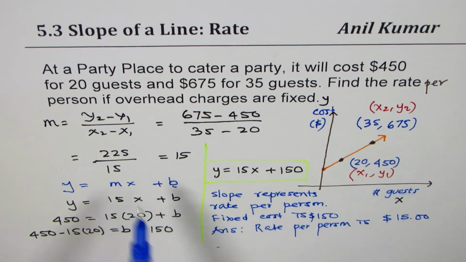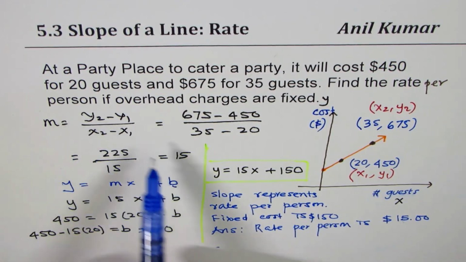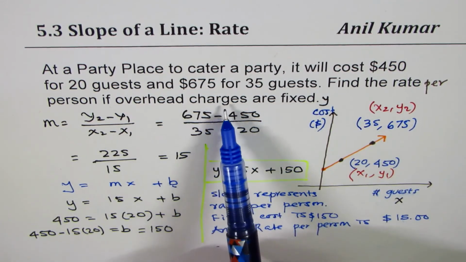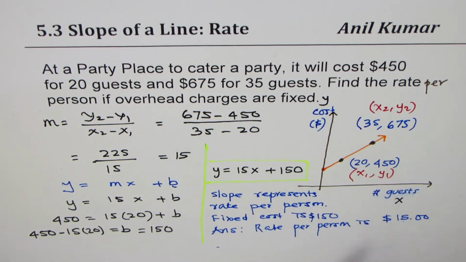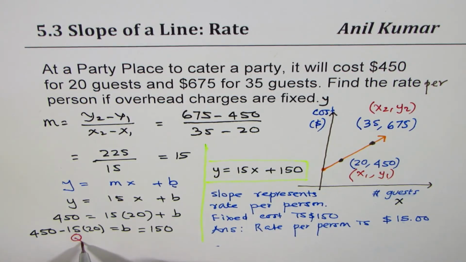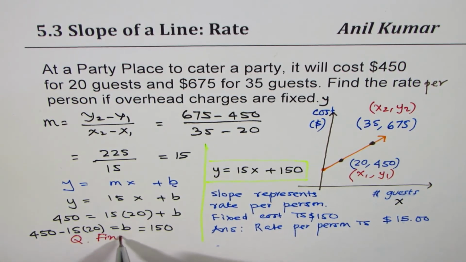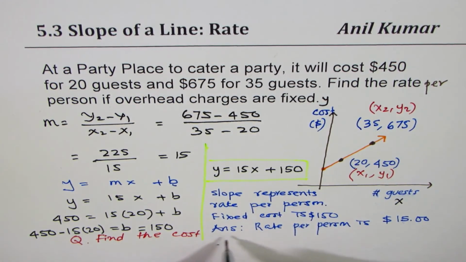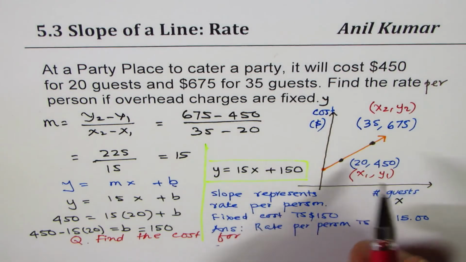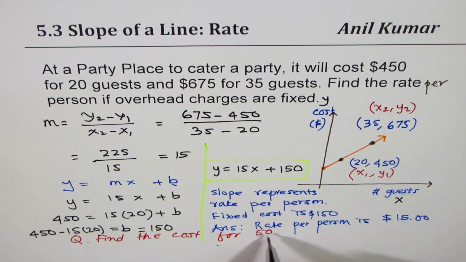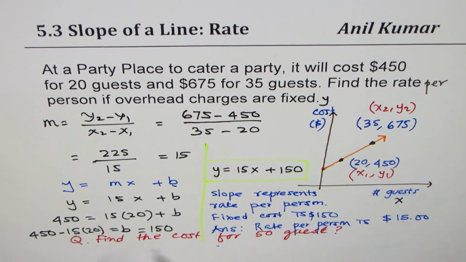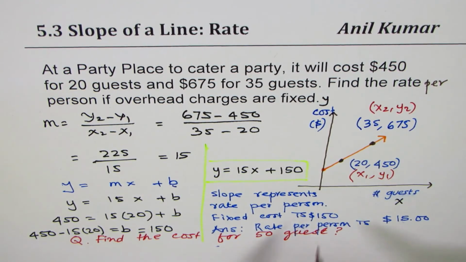We did get the rate right in the beginning when we found the slope. The question could also have been to find the fixed cost. Or sometimes the question could be, which I am placing for you now: find the cost for 50 guests.